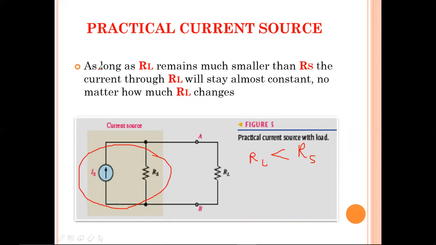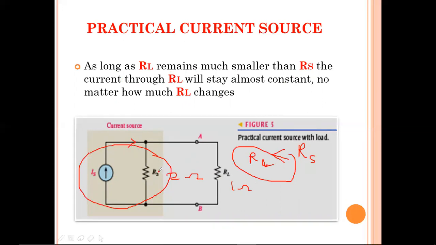Please understand this point. If RL is much smaller than RS, say 1 ohm versus 2 ohms, the current through RL will stay almost constant no matter how much RL changes, because current always chooses the least resistance path.